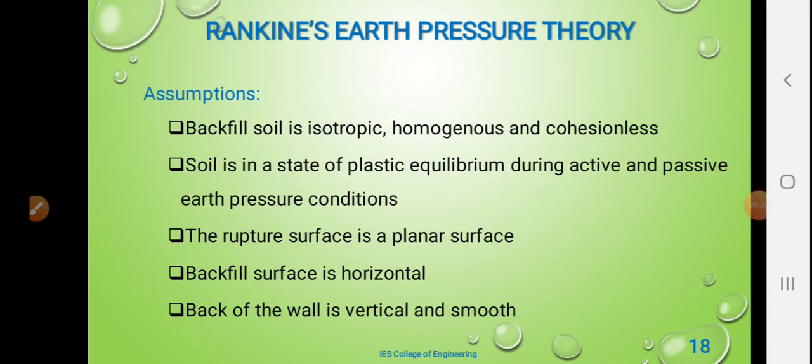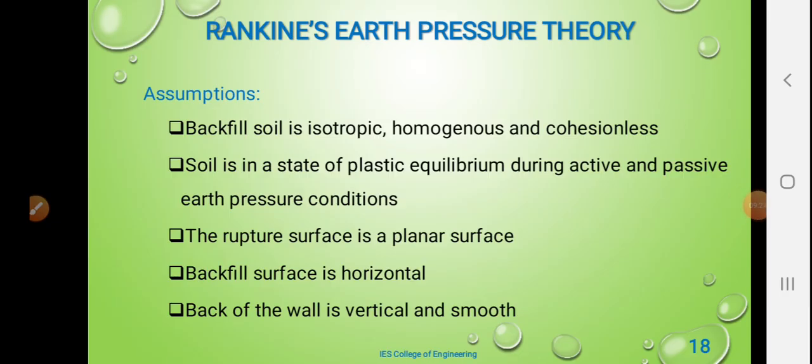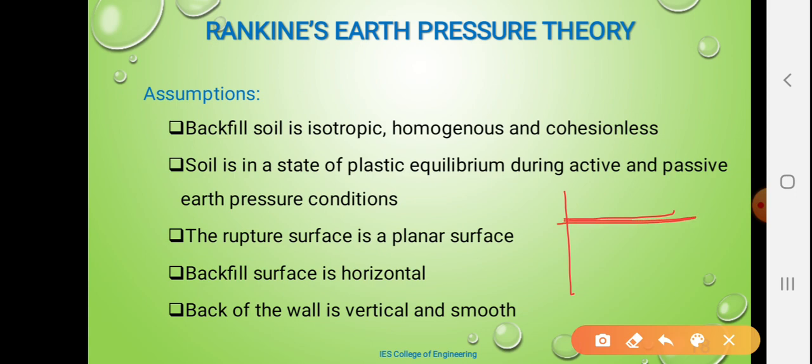Then the third one is the rupture surface is a planar surface, that means the failure surface is linear, and then the backfill surface is horizontal. That means if this is the wall and this is the backfill surface, it should be horizontal in this case.